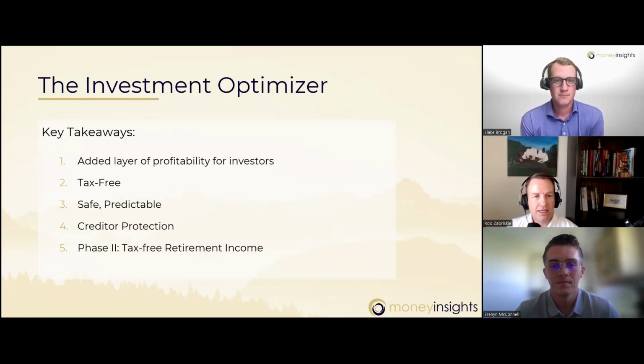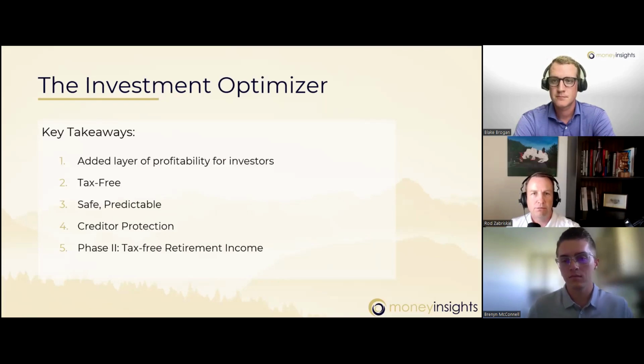Third, it's very safe, it's predictable, which is really important. When I loan against it and go out and make my investing, I'm taking on risk when I do that, right? Well, I don't want there to also be risk in my opportunity fund that's sitting back here. I want it to be growing in a very predictable and safe way. Fourth, we haven't touched on this yet, but there's actually some creditor protection that comes naturally with life insurance.